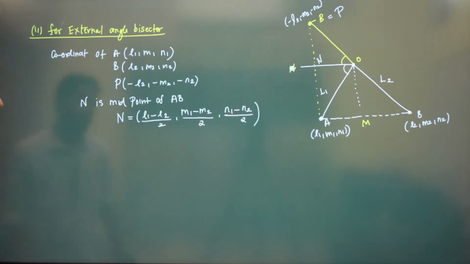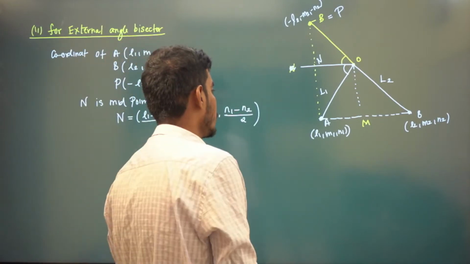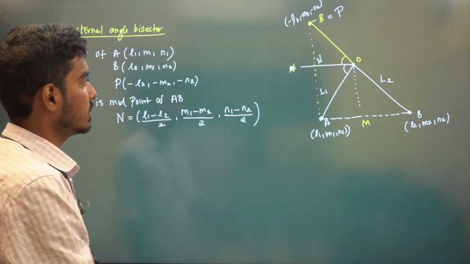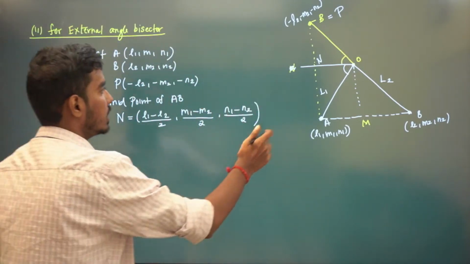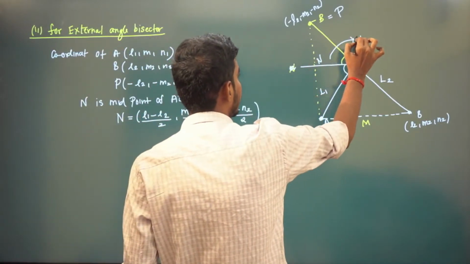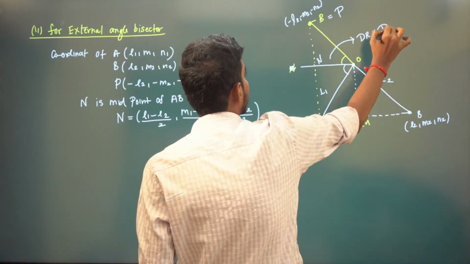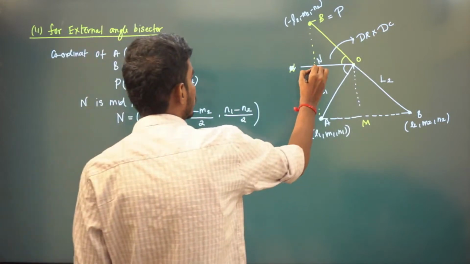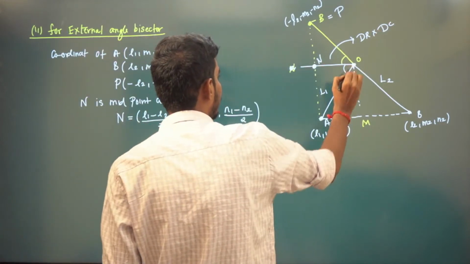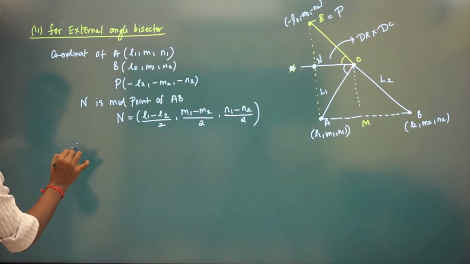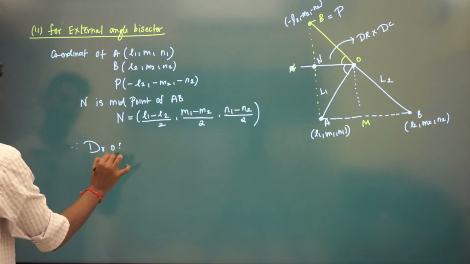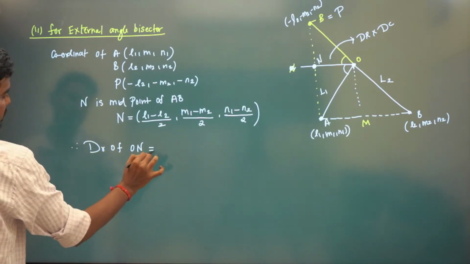Now what about the direction ratio of ON? We need to find DR and DC of this line. We know the coordinate of N, we know the coordinate of O. So what is the direction ratio of the external angle bisector?